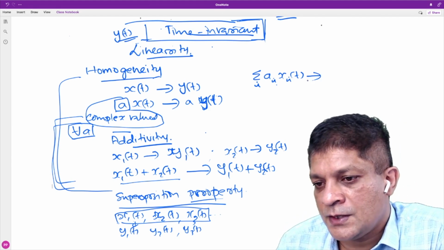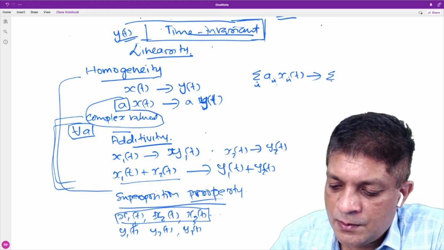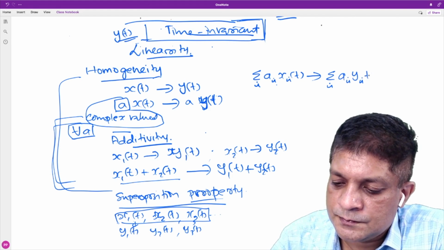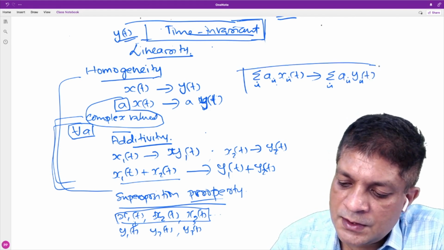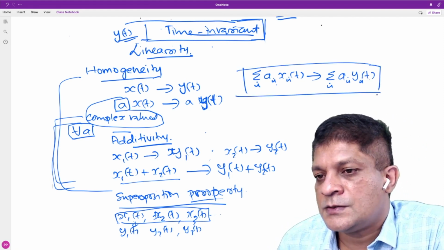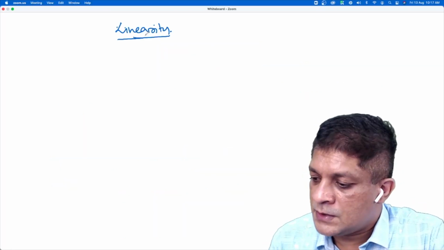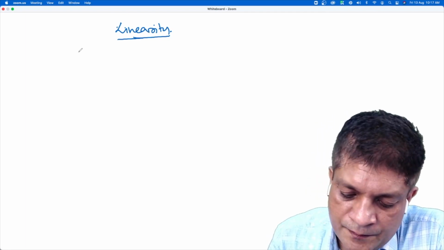If the system is linear, the corresponding output will be the summation over i of a_i y_i(t). If this condition is satisfied, then we can say that the system is a linear system.